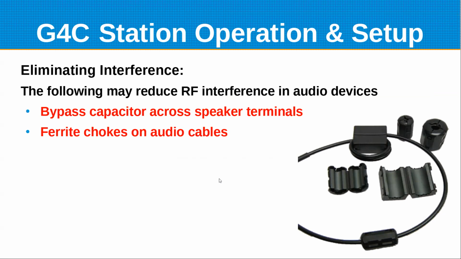How to eliminate interference. One of the things you can do is put bypass capacitors across speaker terminals for audio devices. You can apply ferrite chokes on all your audio cables. That's what's shown in the picture. You can buy them.